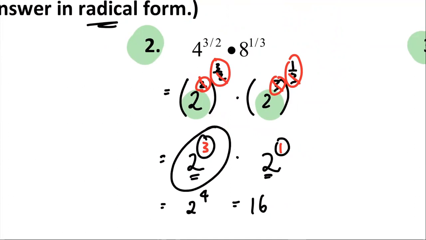What's the meaning of 2 cubed? 2 times 2 times 2, right? And this is 2. So how many 2's are multiplying together? That's why we say 2 to the 4th power. It would not be okay to say 4 to the 4th power, because that would mean that the 4's are multiplying together, and that would not reflect the reality.